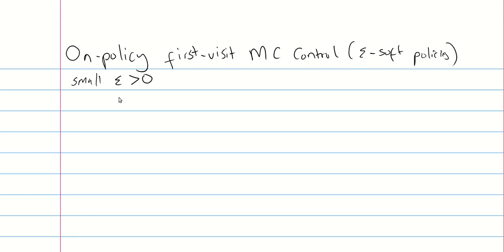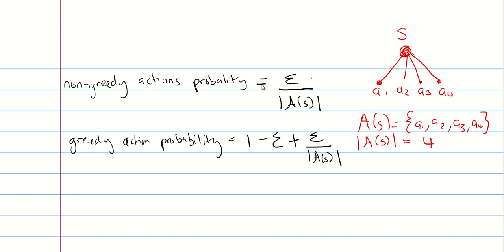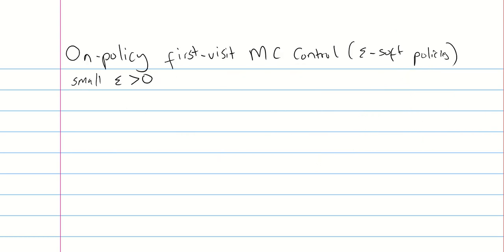Again, if you remember, when we're talking about epsilon, this is just the probability of taking a non-greedy action. So this is what this epsilon is. We're going to divide it across all of our actions.